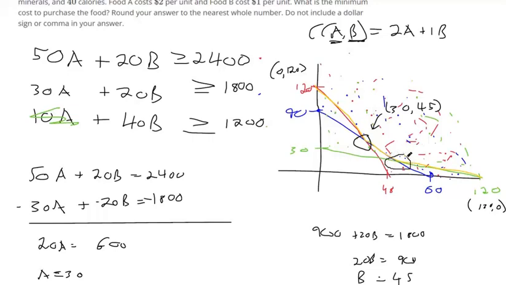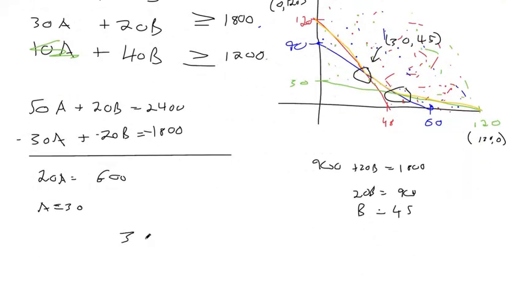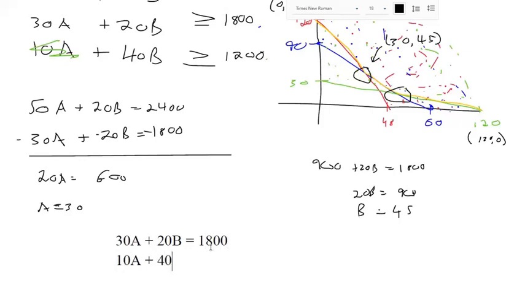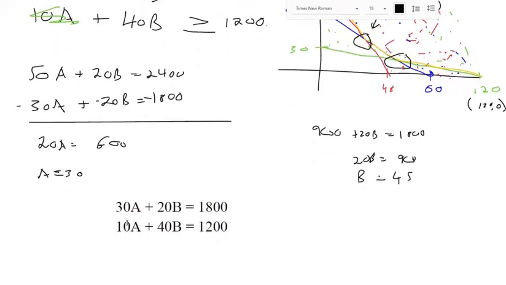Okay, I also need to find this intersection point. So that's where the green line crosses with the blue line. So the green line and the blue line, we'll set those aside and solve them as a system of equations. It'd be easier if I type. Okay, so the way I'd solve this system of equations, I'd multiply the entire bottom by -3. So that makes -30, and then that's -120.